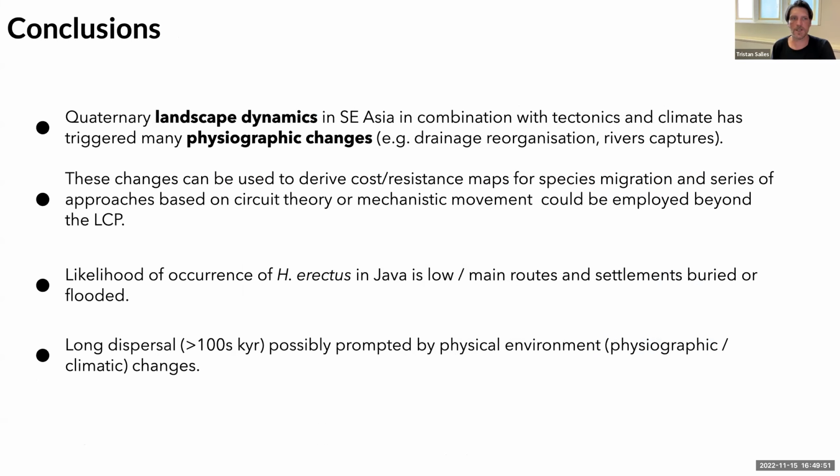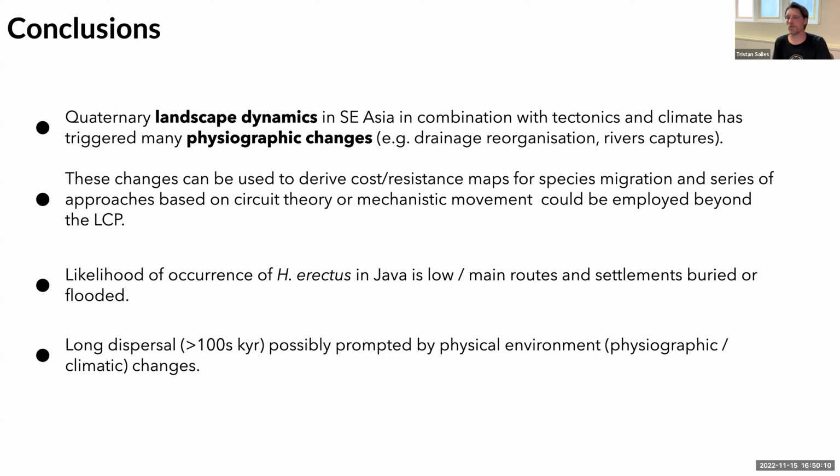So what these kinds of things provide us is, first, there is a lot of change in terms of landscape dynamics in Southeast Asia. This physiographic change, either via drainage reorganization or river captures, will have a huge impact on species migration.